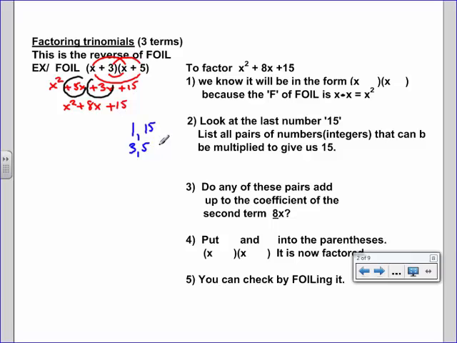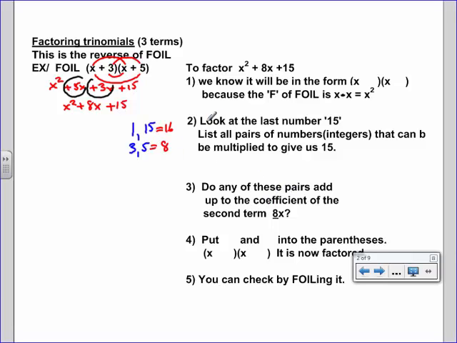These are our two possibilities. Do any of these pairs add up to the coefficient of the second term? The coefficient being the number in front of the x, which in this case is 8. Well, 1 plus 15 is 16. That doesn't add up. But 3 plus 5 is equal to 8.